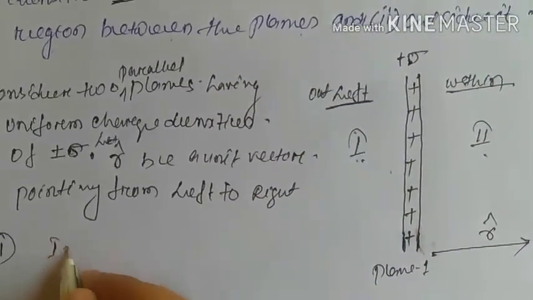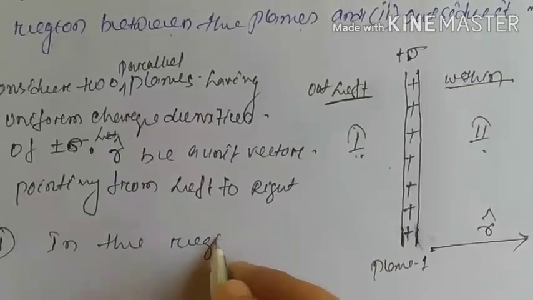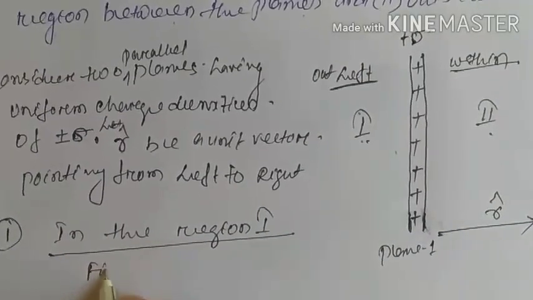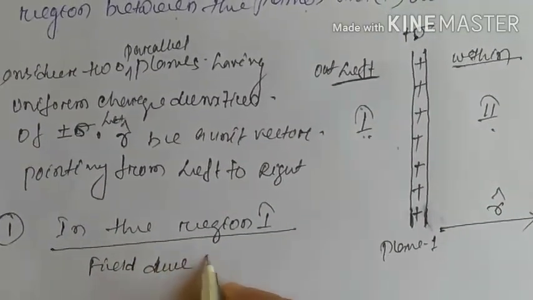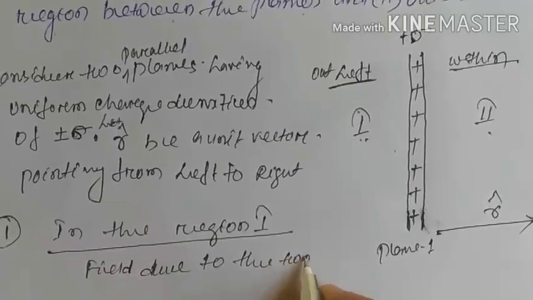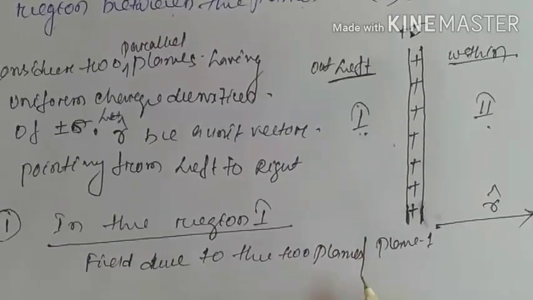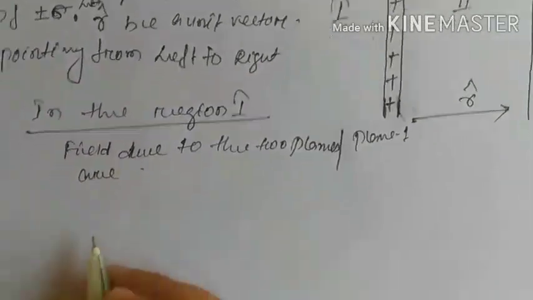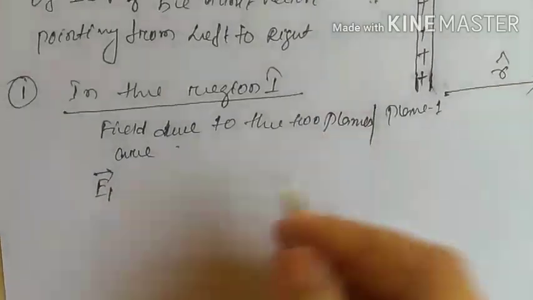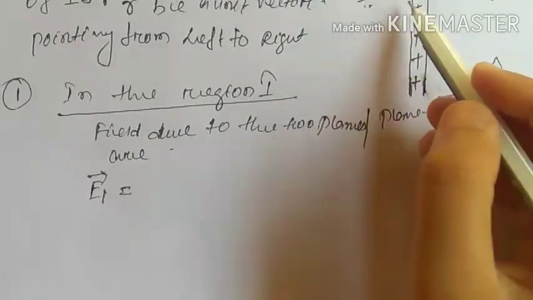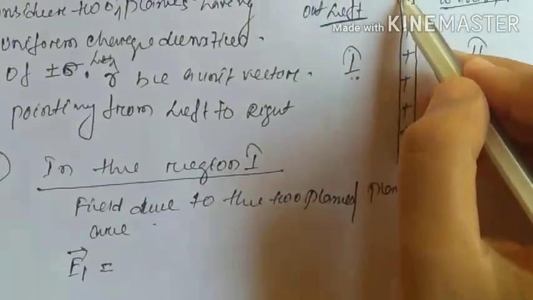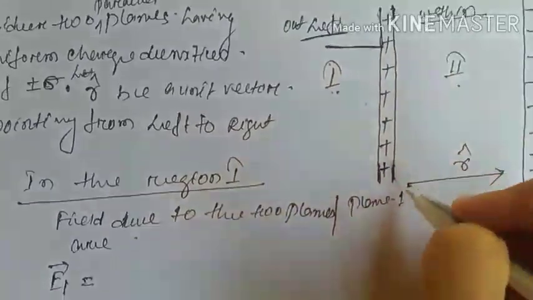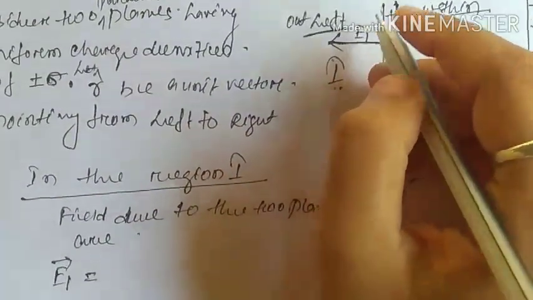At first, in region 1, the field due to the two planes, E1 and E2. Due to plane 1, the direction of the electric field is this.